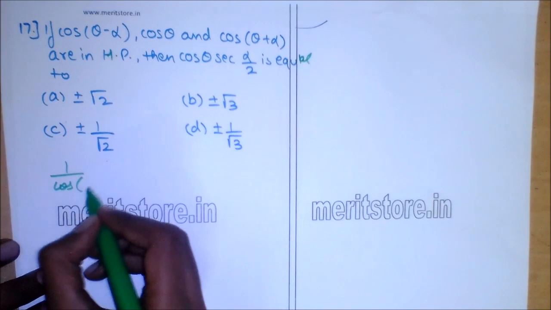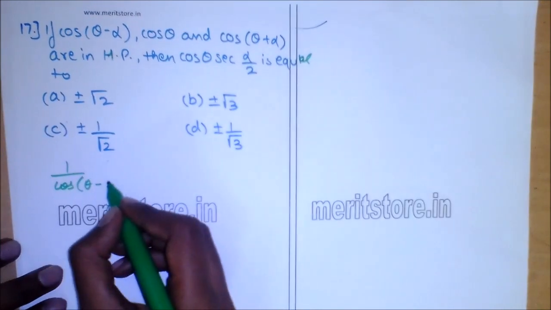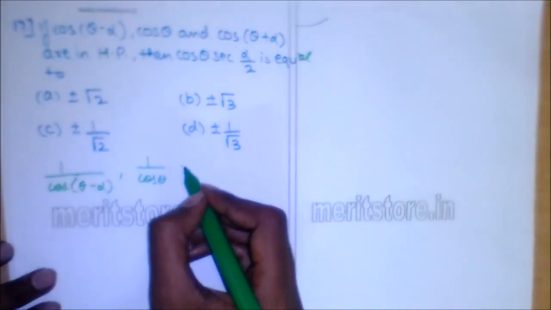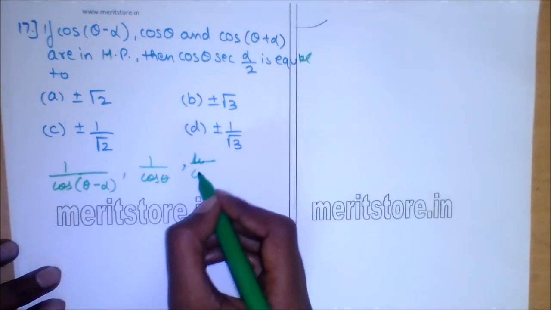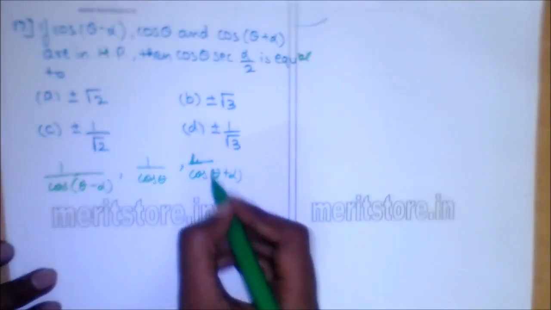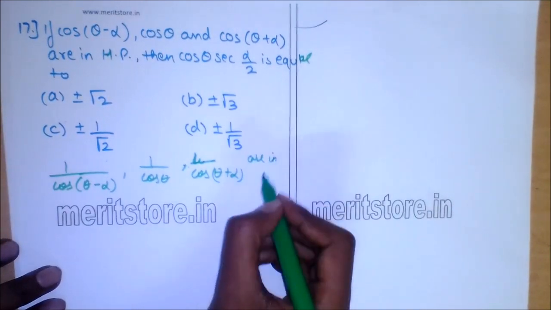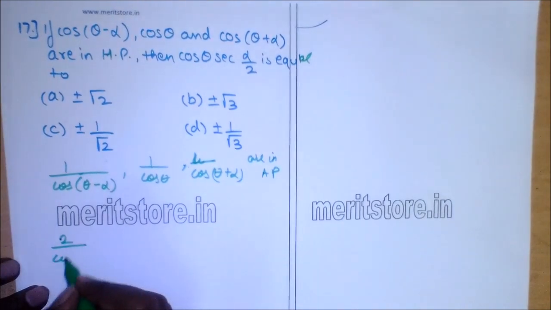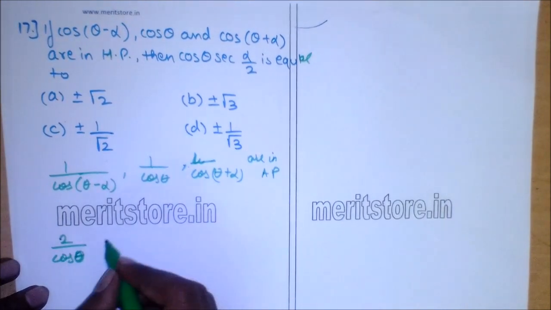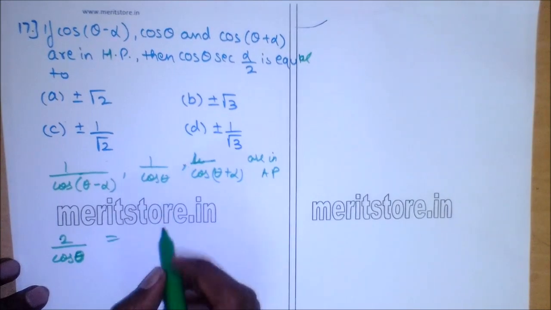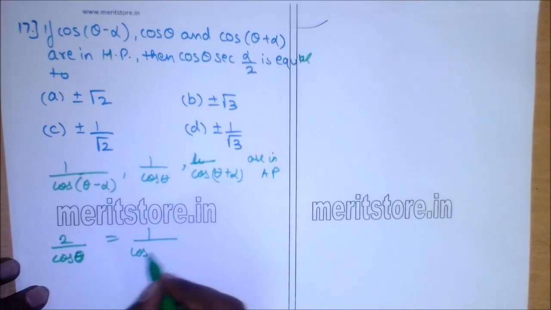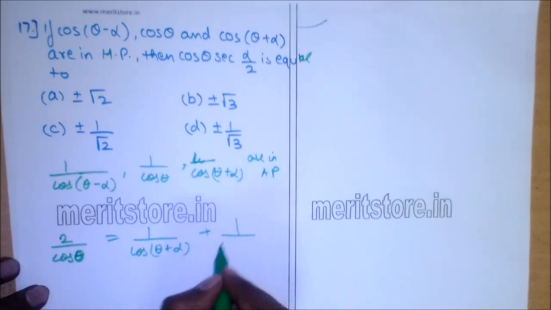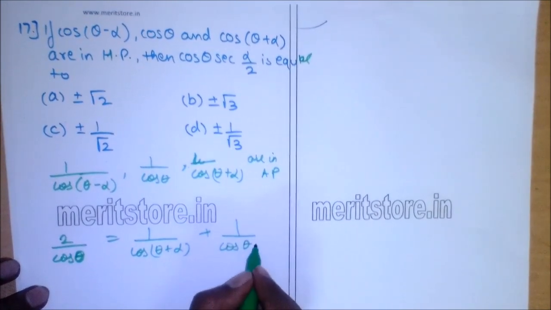So we can write 1 by cos theta minus alpha, 1 by cos theta, and 1 by cos theta plus alpha are in AP. So by the property of AP, 2 times the mean, that is 1 upon cos theta, is equal to the sum of the extremes, that is 1 upon cos theta plus alpha plus 1 upon cos theta minus alpha.